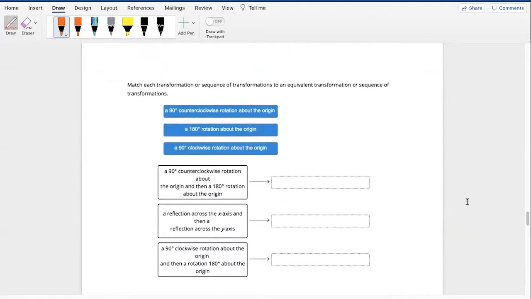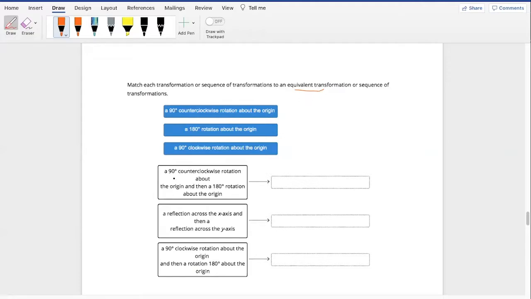A couple more to go over. These are just matching which different types of transformations are equivalent or the same, because sometimes, if you rotate it a couple times, you can do a different transformation and it will still end up in the same location.